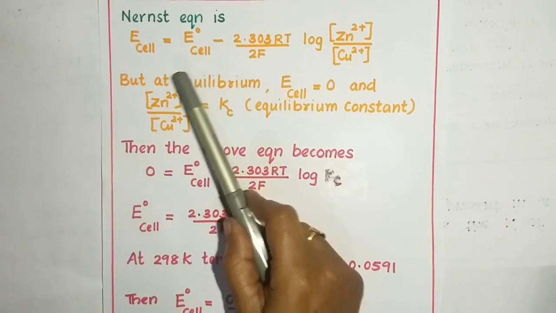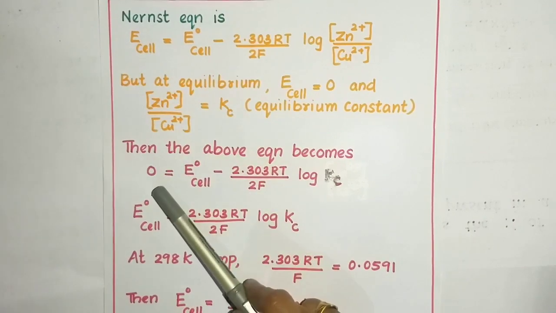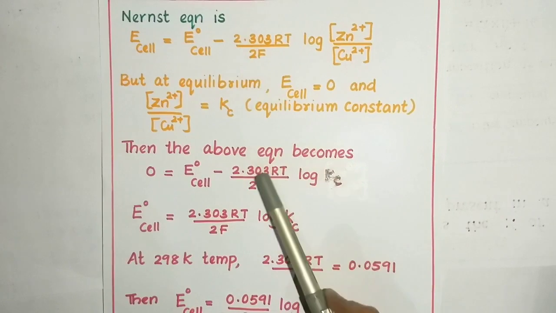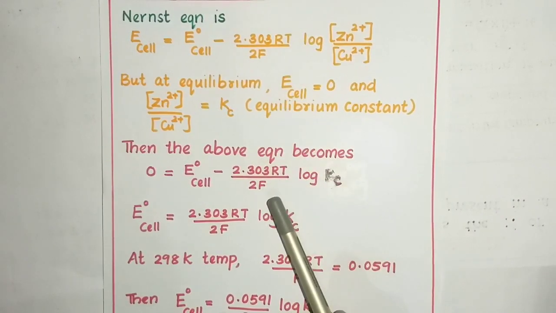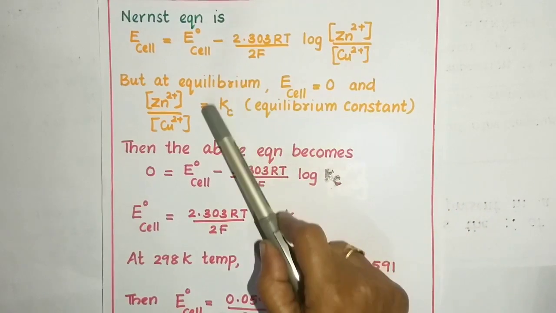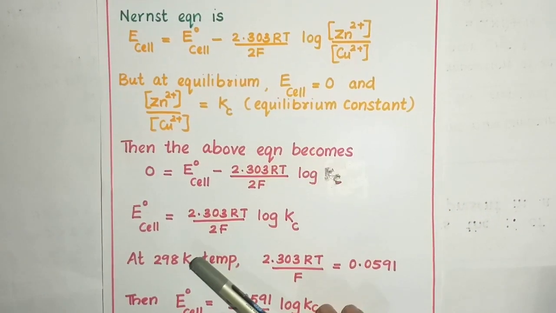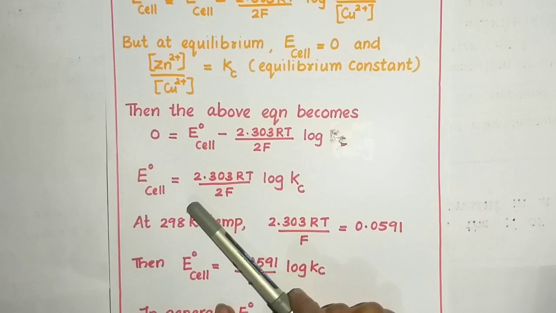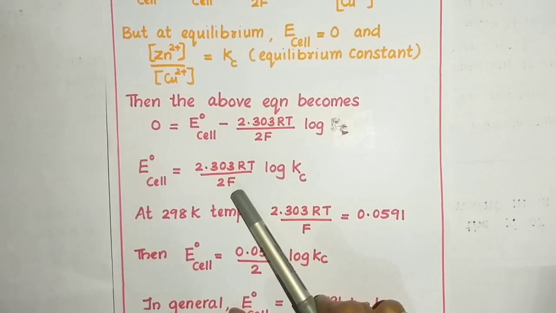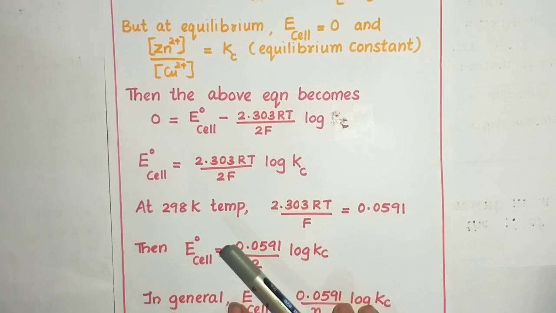Then we get E cell is equal to 0, which is equal to E0 cell minus 2.303 RT by 2F log, and instead of this value we can substitute Kc. Then E0 cell is equal to 2.303 RT by 2F log Kc.